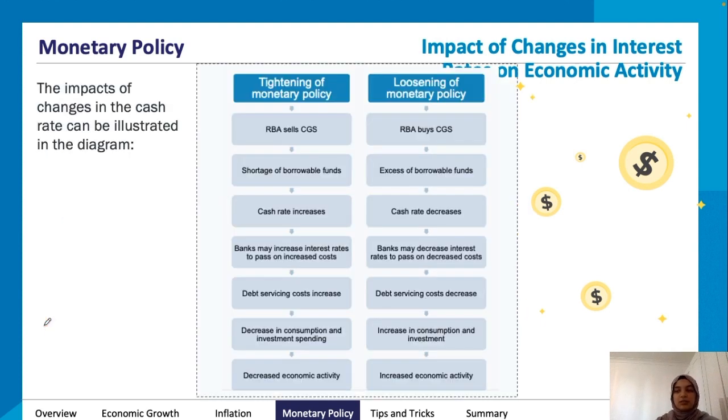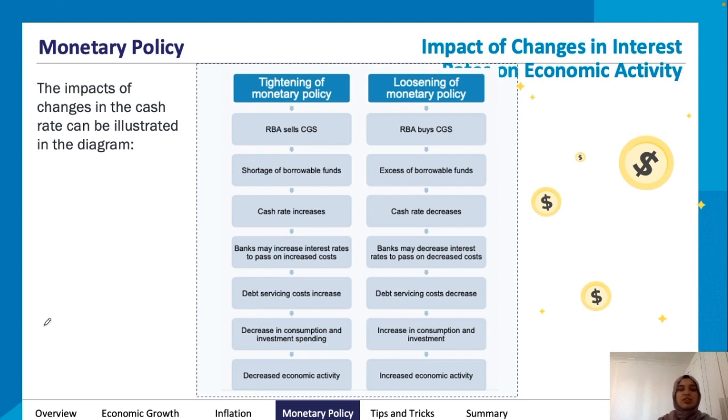So, moving on. The impacts of changes in the cash rate can be illustrated in the following diagram. When we want to tighten monetary policy, the RBA sells Commonwealth government securities, like we talked about. What will happen is there will be a shortage of borrowable funds, because there's not as much there to borrow anymore.